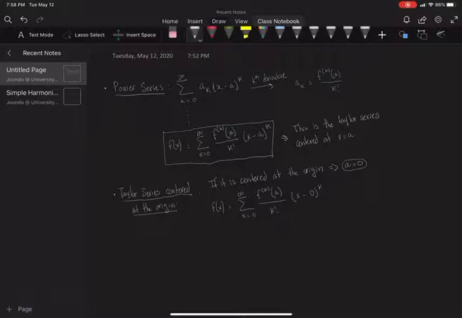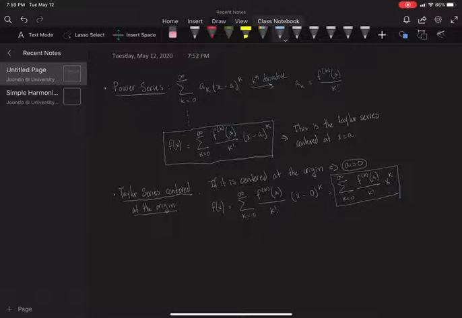And obviously this is the same thing as the sum from k equals 0 to infinity of f to the k-th derivative of 0 over k factorial times x to the k-th power. And this is something known as the Maclaurin series.